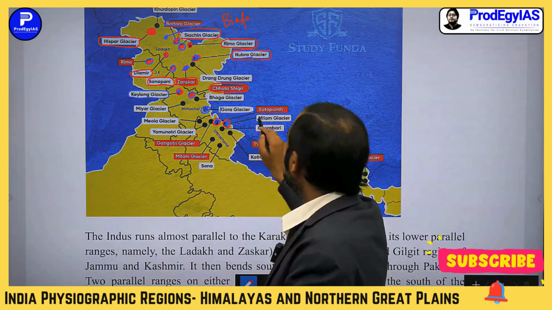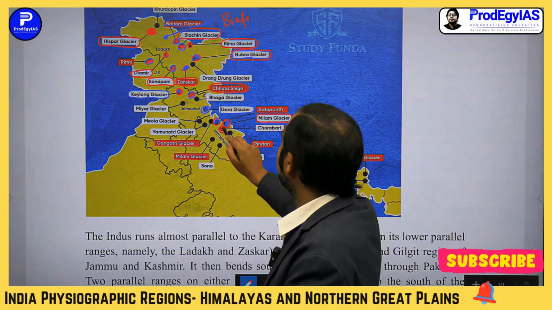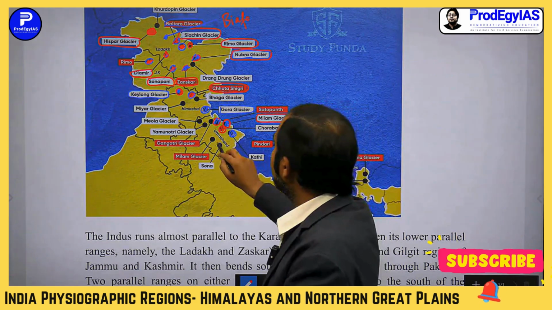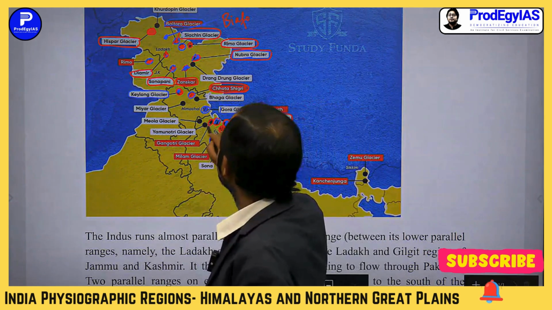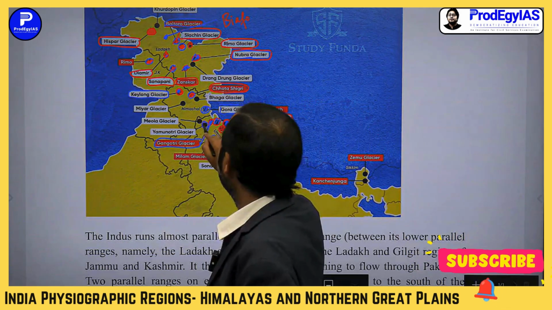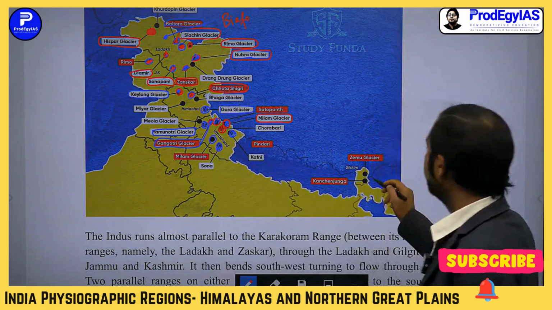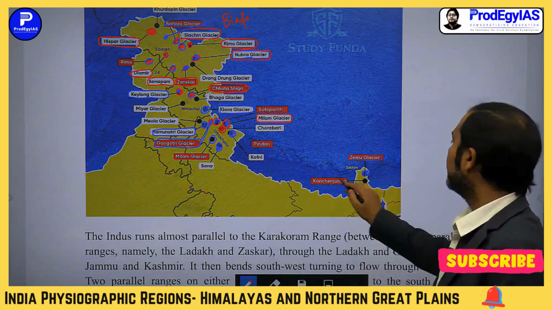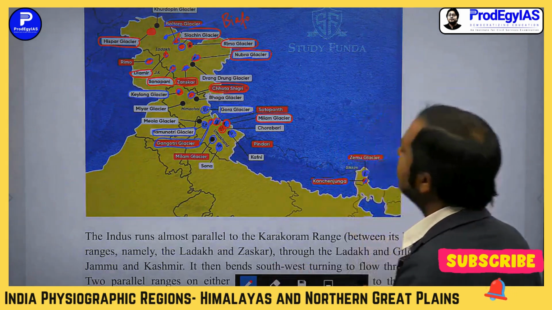This is Satopanth Glacier, this is Milam Glacier, then Chorabadi Glacier, Pindari Glacier, Sona Glacier, Milam Glacier, Gangotri Glacier, origin of the Ganga River, Yamunotri Glacier, origin of the Yamuna River. All these important glaciers. Here in Sikkim, it is Zemu Glacier and Kanchenjunga. So they are important glaciers in the Himalayan region.